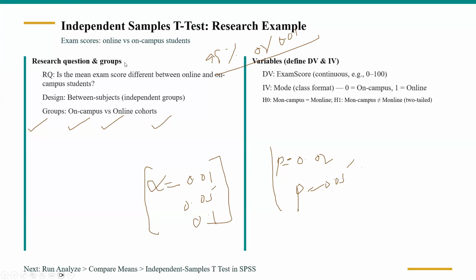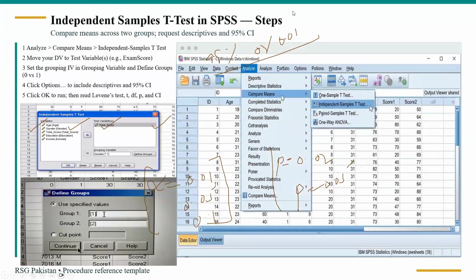If you would like to go through SPSS, let me open the second data set that I shared earlier with you. Can you open your SPSS? I'm opening that also to show you the process of applying the independent sample t-test between two groups.